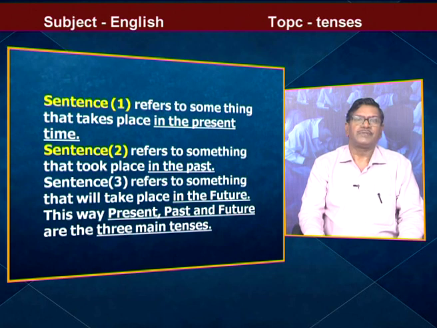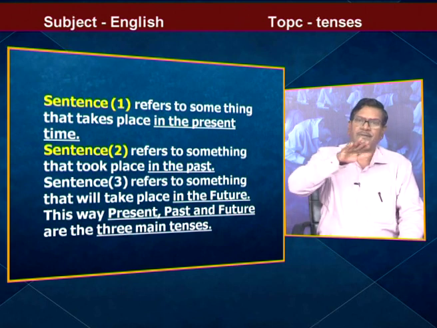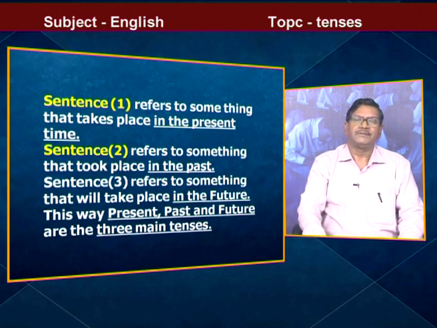Sentence 1 refers to something that takes place in the present time, sentence 2 refers to something that took place in the past, and sentence 3 refers to something that will take place in future. That way, present, past and future. These are the 3 main tenses.